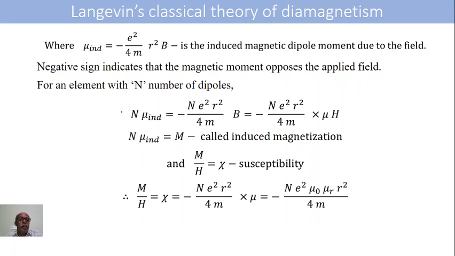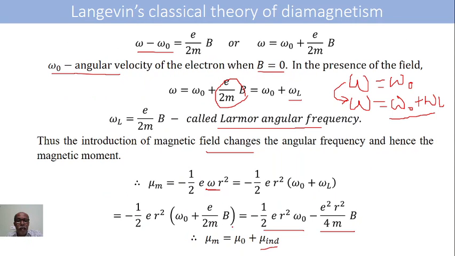Therefore, n multiplied by mu induced will be equal to, we are multiplying n on both sides of this equation.